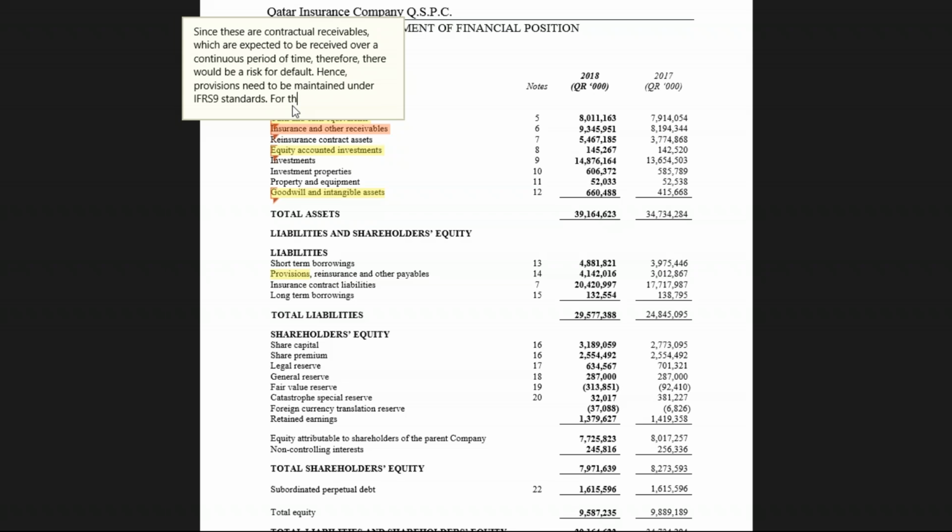So for these receivables, both the simplified approach and the generalized approach can be used to compute the expected credit losses.